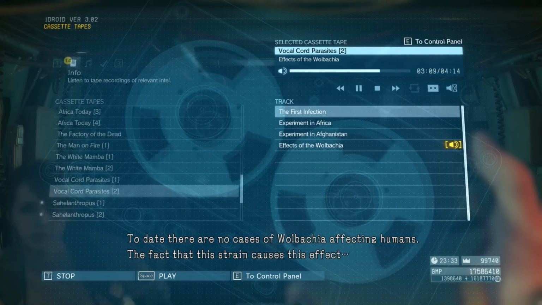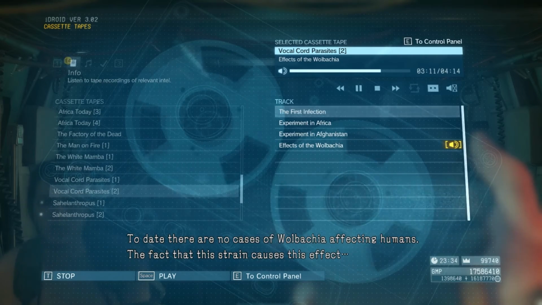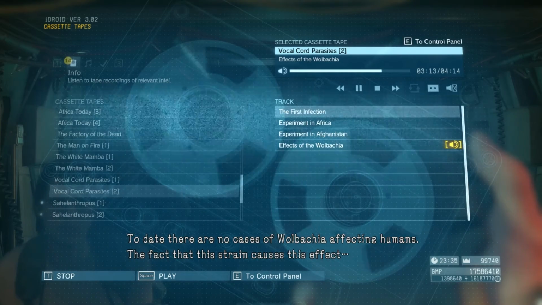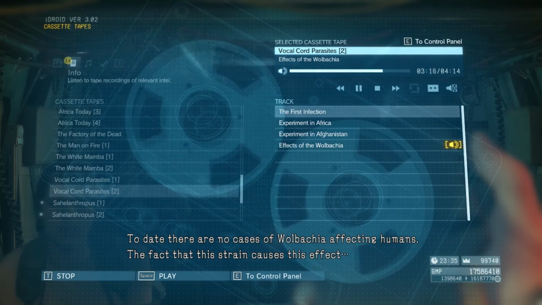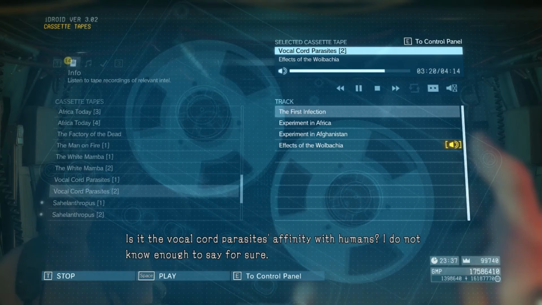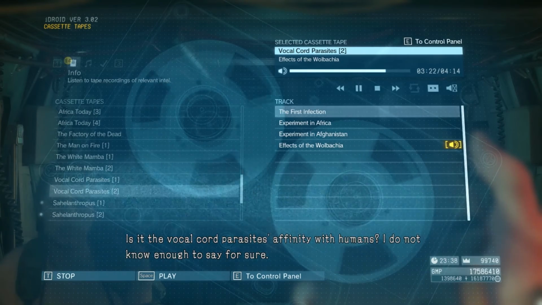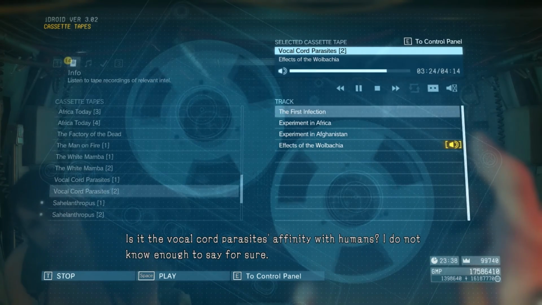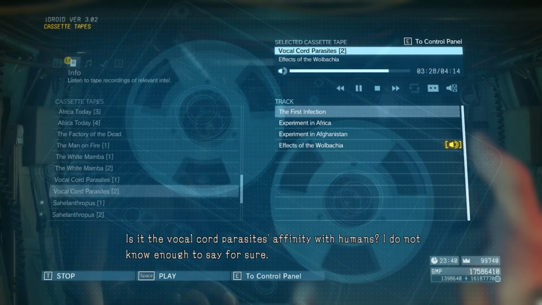To date, there are no cases of Wolbachia affecting humans. The fact that this strain causes this effect, is it the vocal cord parasite's affinity with humans? I do not know enough to say for sure.